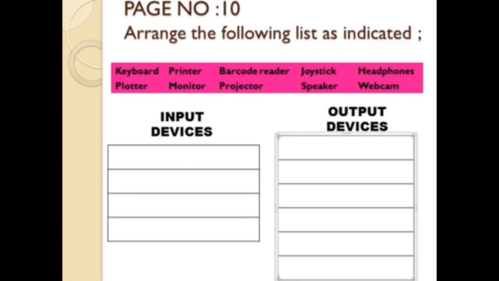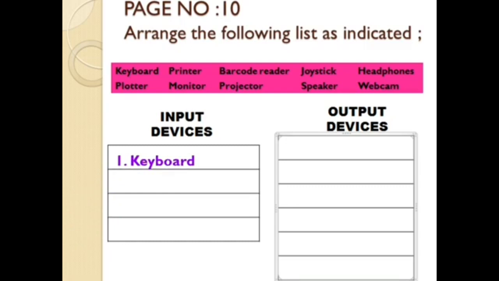Okay, so they gave some words, and they said you have to write in the correct place whether that device is input device or output device. So our first one is keyboard. So keyboard means an input device or output device? Yes, it is an input device.